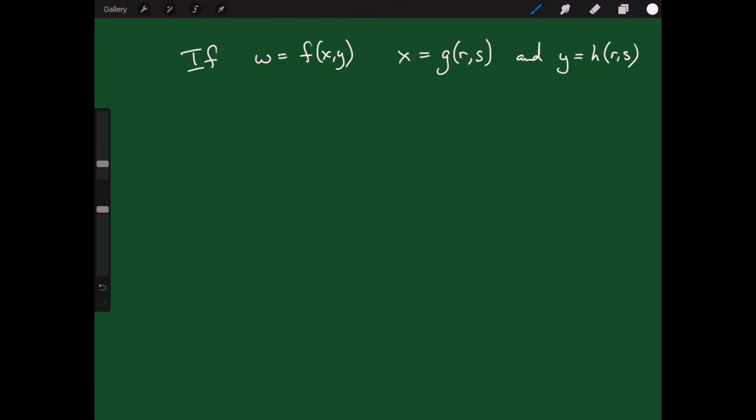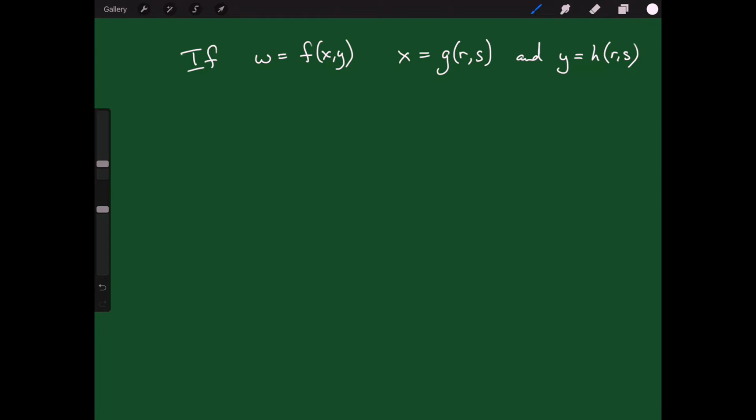So let's say that w is defined by x and y, but x is defined by r and s, and y is defined by r and s. Do we get some similar chain rule? And the answer is yes, we do. And the way that we do this is the following.